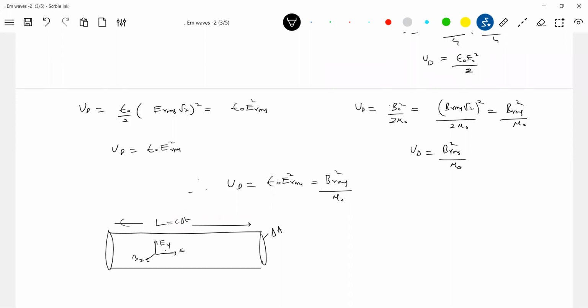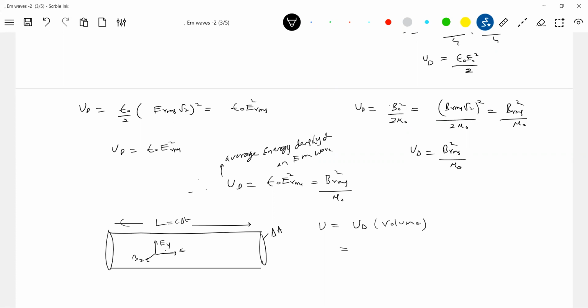So what is the energy? How do we put it here: average energy density times volume. This is the average energy density, already discussed in wave propagation. So the average energy should be equal to the average energy density into the volume of this cylinder.